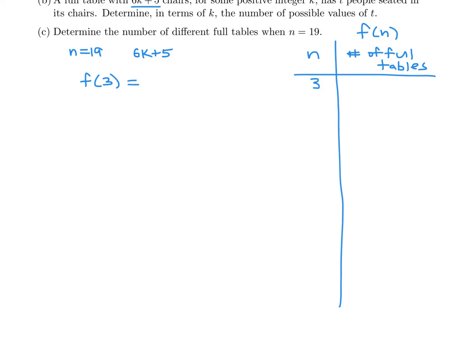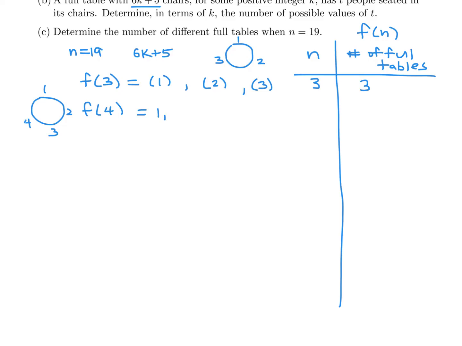Well, that's pretty straightforward. If you only have 3 chairs, the only way you can do this is if you have just one person at 1, or one person at 2, or one person at 3. So there's only 3 ways of doing that. I just did that manually. F of 4, you can do it manually also. This time, you've got a table with 4 chairs.